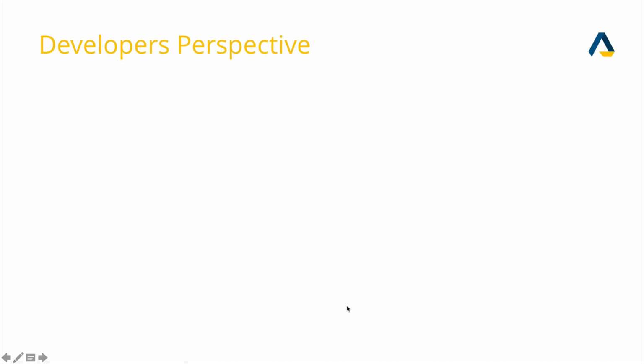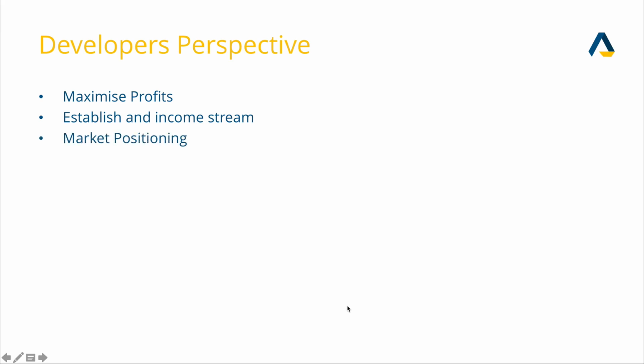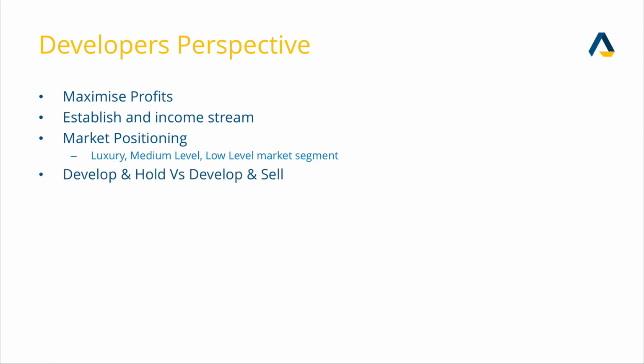So, from the developer's perspective, what are we trying to do? We're trying to maximize profit, establish an income stream. We're trying to position ourselves in the market in terms of whether we're going to do a luxury or a medium level or a low level market segment that we're going to attract. Develop and hold versus develop and sell.